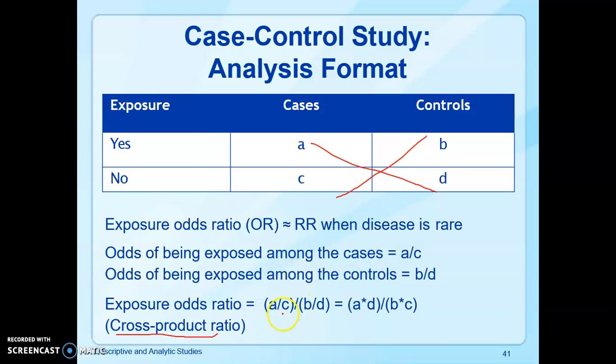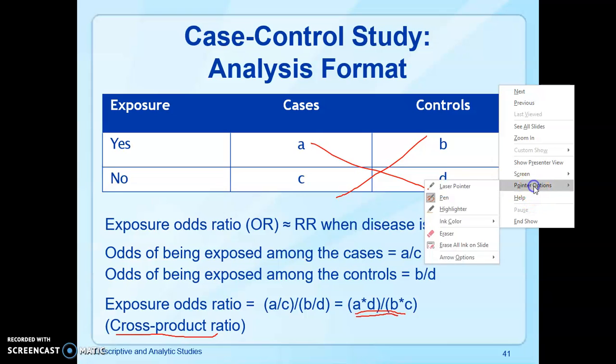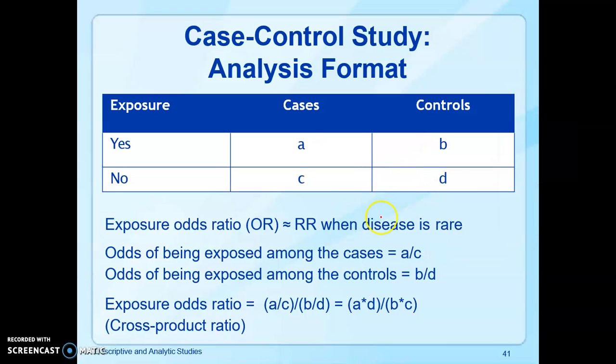A times D, which is i-cross multiply nimo si A ug D. So, A times D, and then B times C. Then, divide nimo.